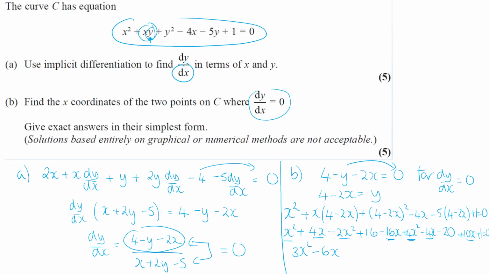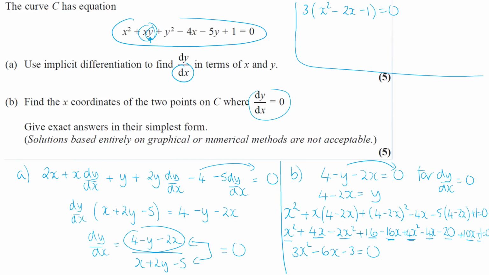In the numbers, 16 minus 20, which is minus 4, back up 1, which will be minus 3, is equal to 0. So we can take out a factor of 3: 3x squared minus 2x minus 1 is equal to 0.